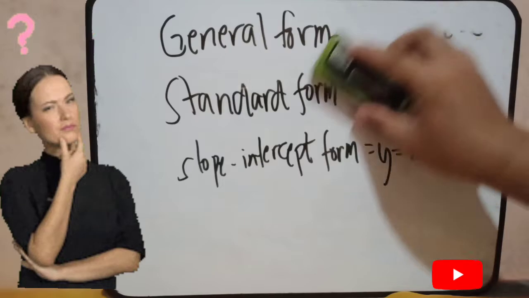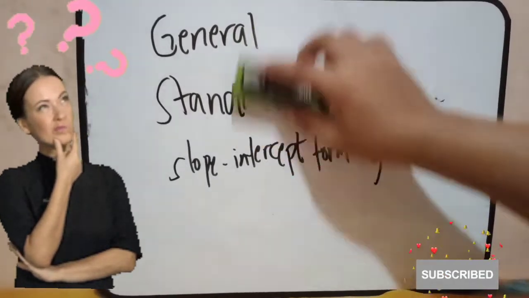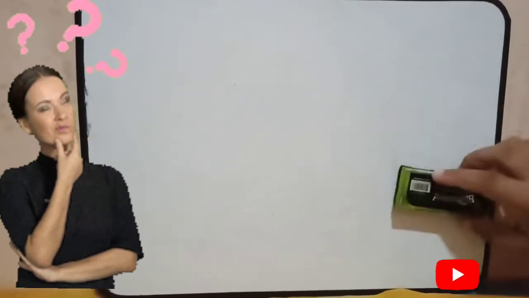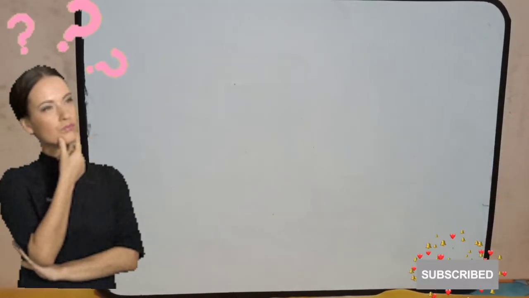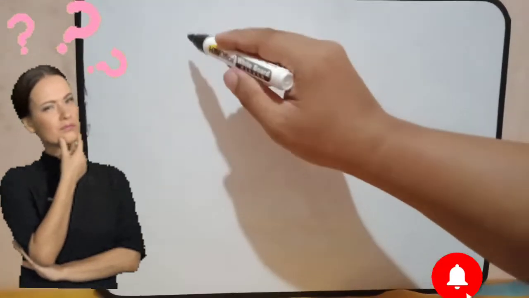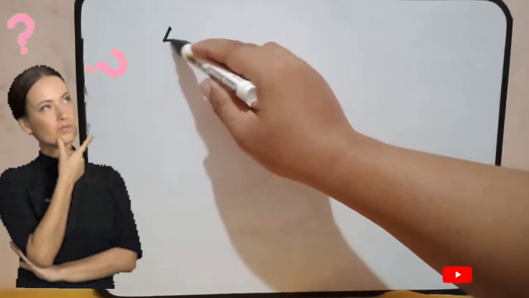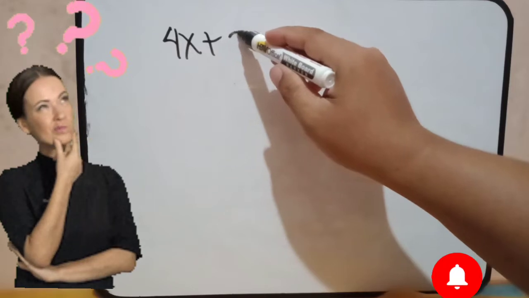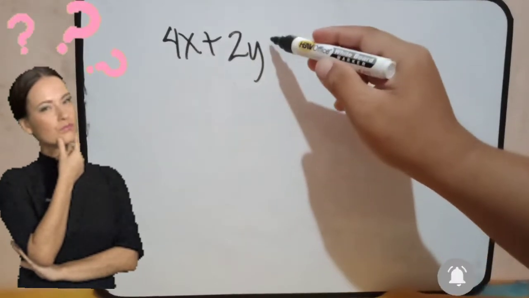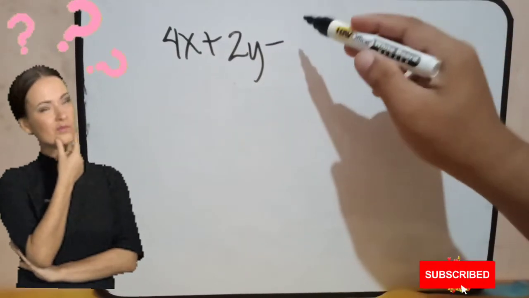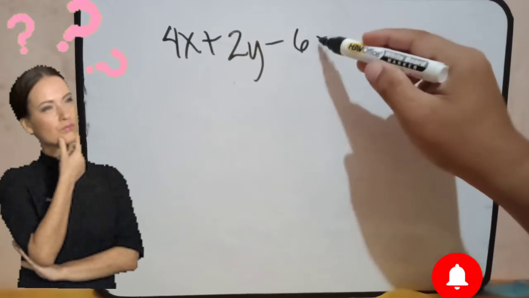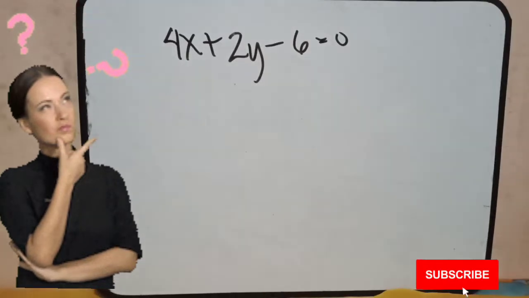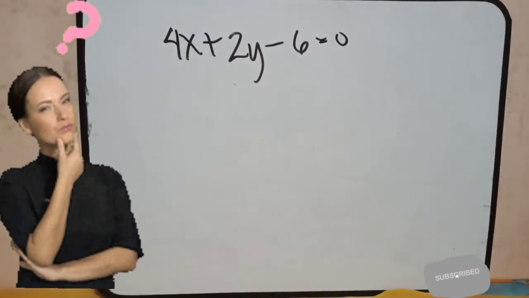Say for example, we have the equation 4x plus 2y minus 6 is equal to 0, and this form is the general form.